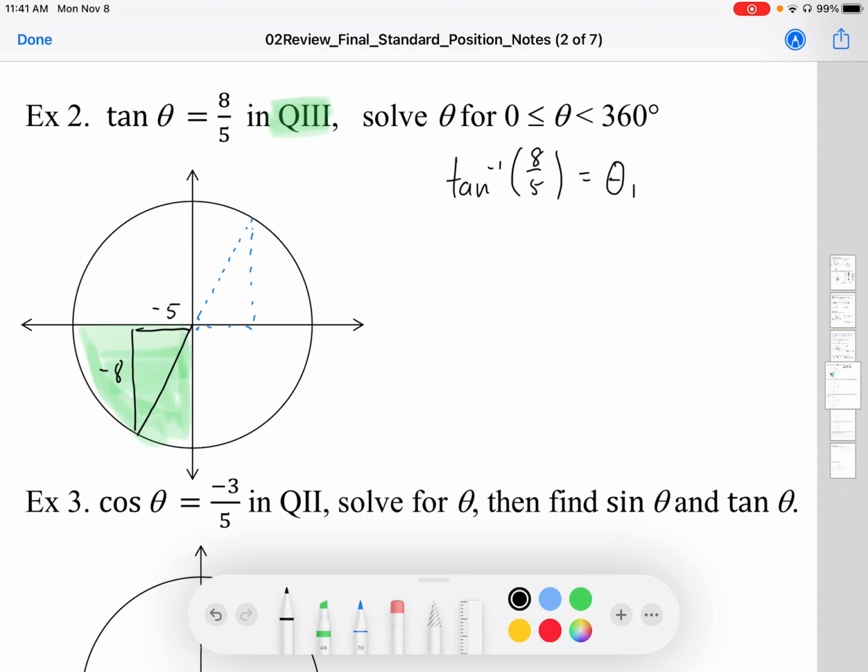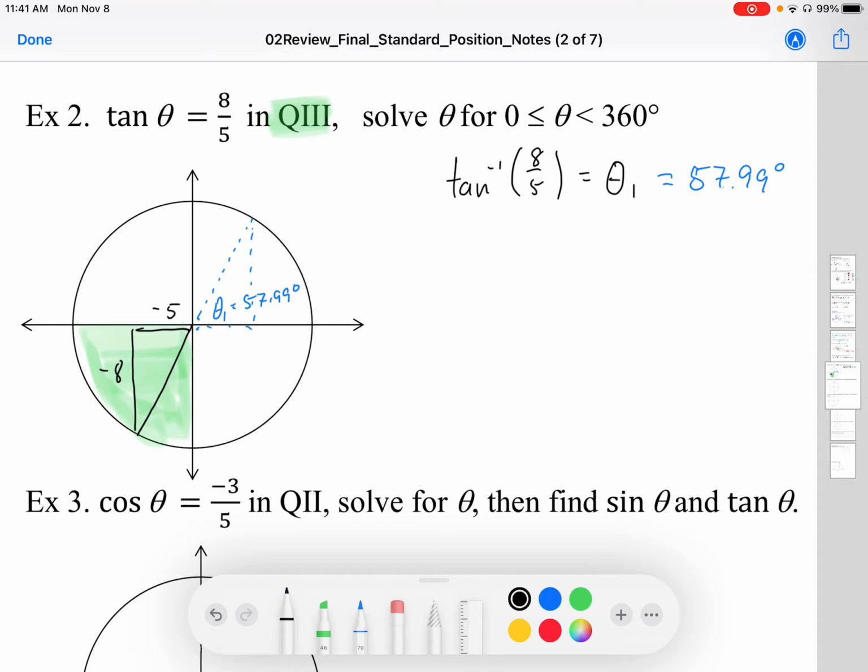So theta 1 works out to be 57.99 degrees, and that happens to be this one here. That's theta 1. Now that is definitely the wrong angle. That's not the one I'm looking for because it's in the wrong quadrant.